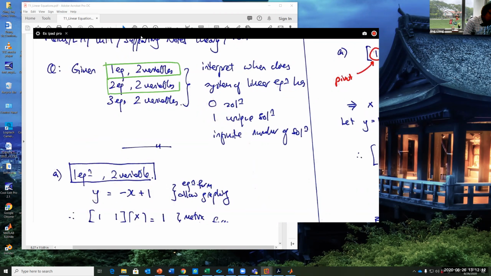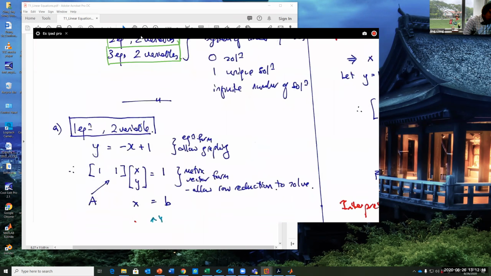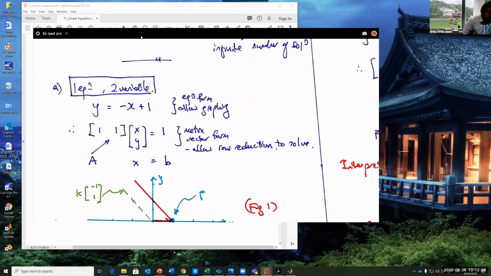Two equations, two variables, three equations, two variables, and we want to understand what it means. One equation, two variables. Typically, we give you y equals some function of x, and here we do y equals minus x plus 1.